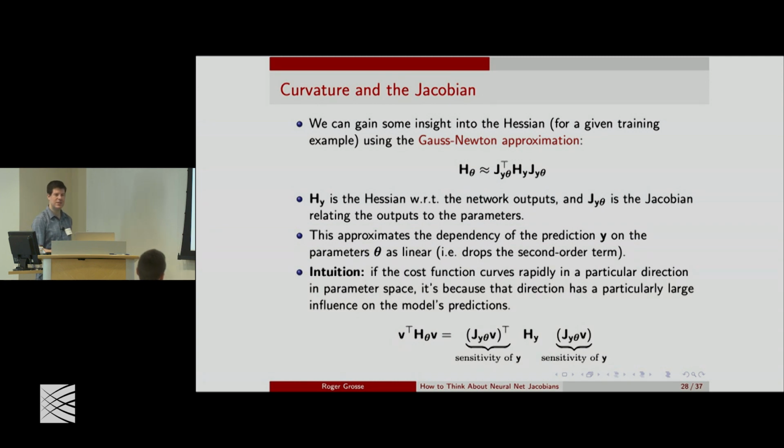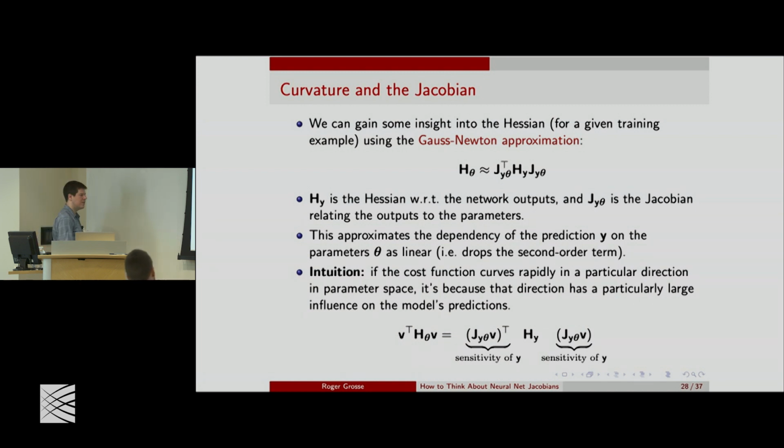And the intuition this provides is, why does the cost function curve rapidly in some directions and slowly in others? Well, v is an arbitrary vector, and we want to evaluate the quadratic form v transpose H v. Using this approximation, we can write that as the Jacobian times v, transposed, times the output layer Hessian, times the Jacobian times v.